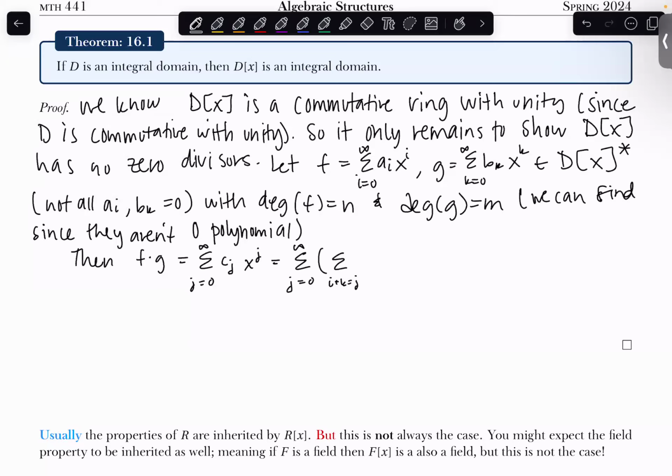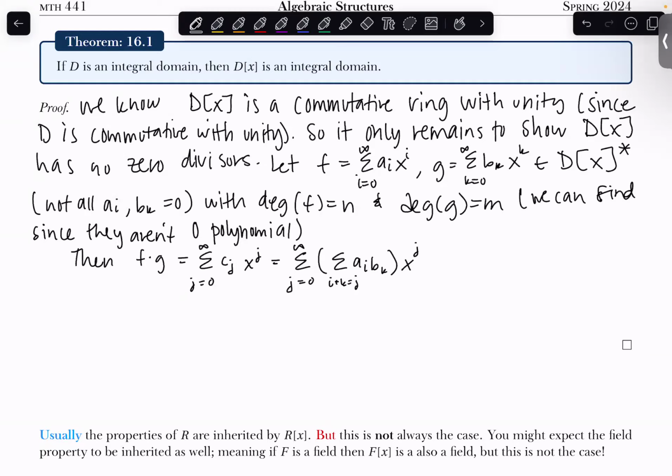And then I'm going to multiply my a sub i and my b sub k. That's how we defined our multiplication for our polynomials here. That's what that specific coefficient was going to be, right? Again, in practice, we don't actually use this, but with our proofs, we have to use this exact definition to tell us what's going on here. And that will be my coefficient attached to my x to the j here.